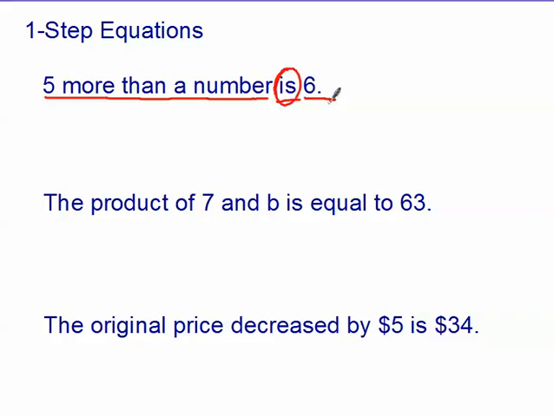So 5 more than a number, well, if it says a number, we can use any letter we want. So I'm just going to use X or N, whichever one I put up here. 5 more than means I'm going to add 5. I'm adding it to a particular number, N, and it's going to equal 6.